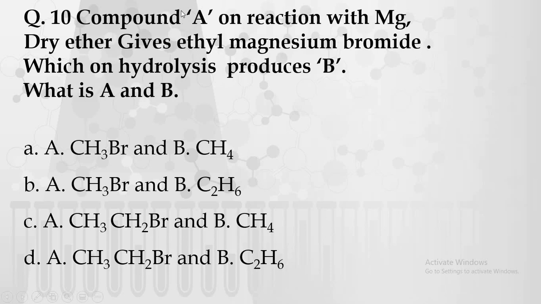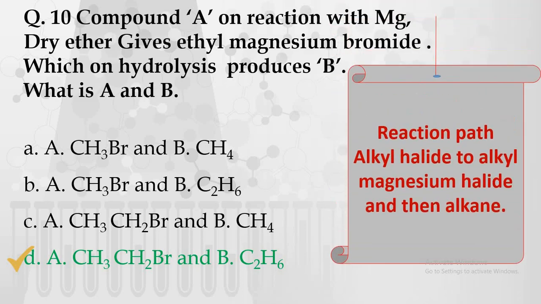That's why A is nothing but ethyl bromide. And hydrolysis of this ethyl magnesium bromide gives ethane. That's why the answer is D. A is ethyl bromide and B is ethane. The reaction is alkyl halide to alkyl magnesium halide and then alkane.